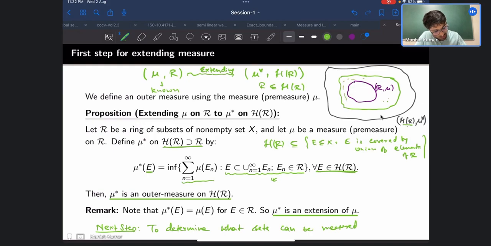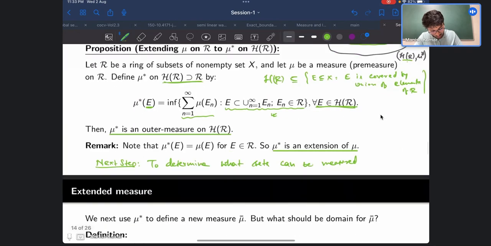I will define what it means by measure, but suppose this is the set which can be measured. The moment you determine this set, the mu bar on this set is nothing but mu star. So this outer measure becomes a measure if you define it on a proper domain. So this mu star will be a measure on a subset of this HR. That is the whole thing.